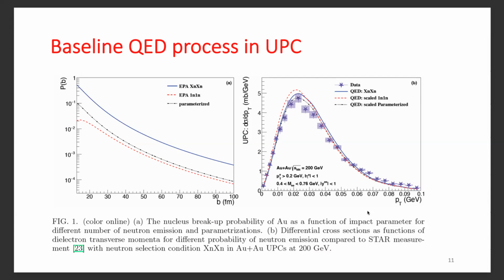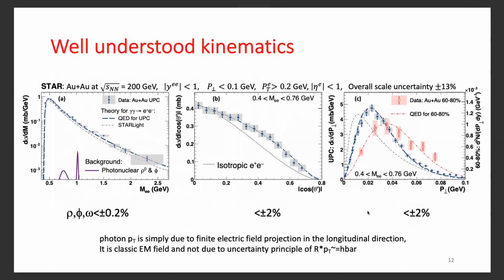You can compare their probability distributions as a function of impact parameter, and these models tell you what the impact parameter probabilities are. That has some effect, but a very small effect compared with the two issues I just told you about. You can see their probability distributions are very different, but at the end the PT distribution has some effect, just not that big. So we can use this calculation to compare with the total cross sections, the polar angle distribution, and the PT distribution.